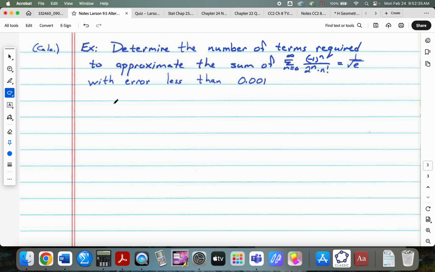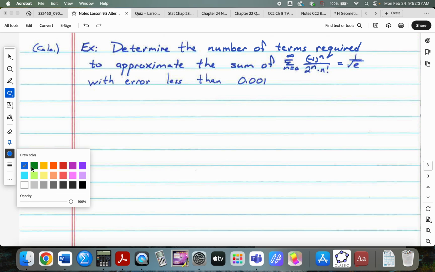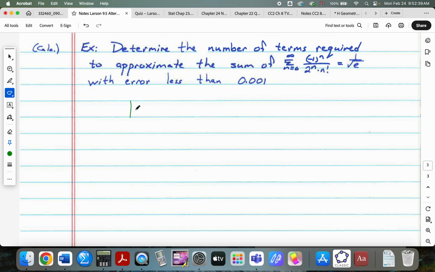So the absolute value of R sub n is going to be less than or equal to A sub n, and we want that to be less than or equal to 0.001. We want it to be less than 1/1000th.